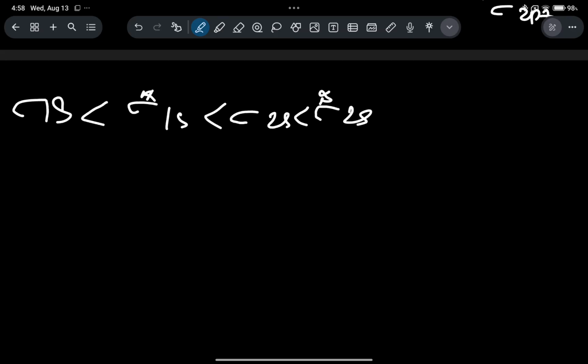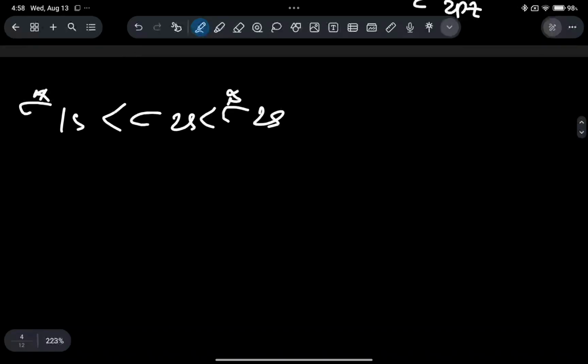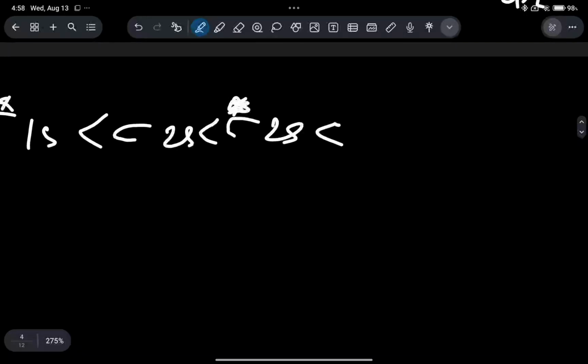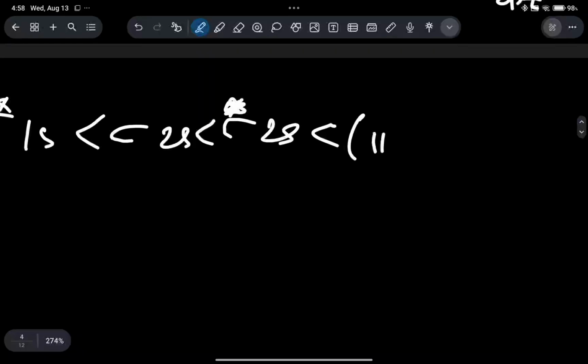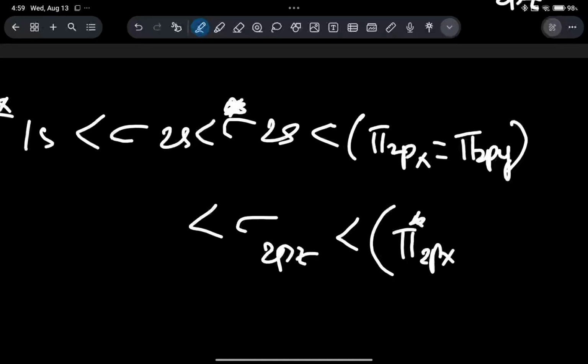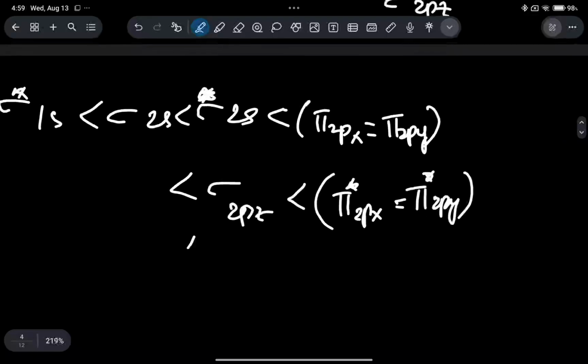As I go on increasing 1s, 2s and so on, the energy increases. When we write the p value, pi 2px is equal to pi 2py, and greater than sigma 2pz, then again pi star 2px is equal to pi star 2py, and greater than sigma star 2pz.